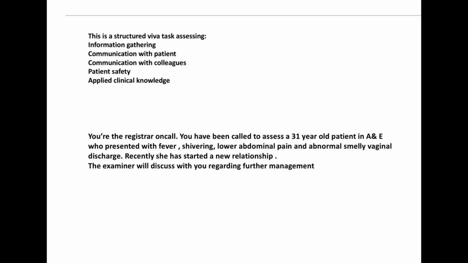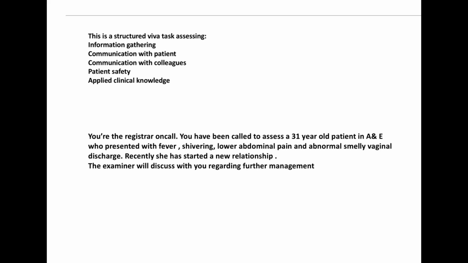Okay, and also if there is anything in her urine dipstick, we will send the urine for MSU or urine culture. Okay, so the swabs are part of the investigations we already did during the examination.